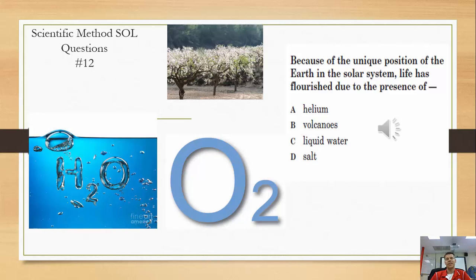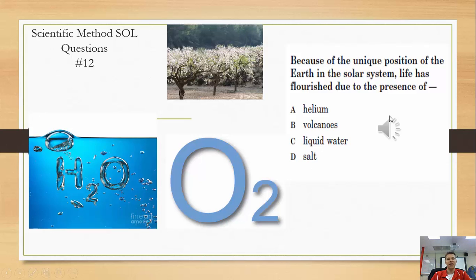You are going to see a question on the SOL that has to do with why life on Earth is doing so well. And the answer is always going to be oxygen or water. Alright, so when you read these questions, please don't overthink them. Let's just look here real quick. Because of its unique position in the solar system, life has flourished.